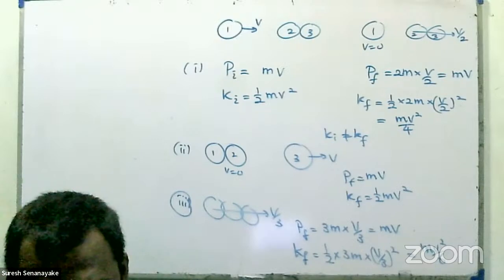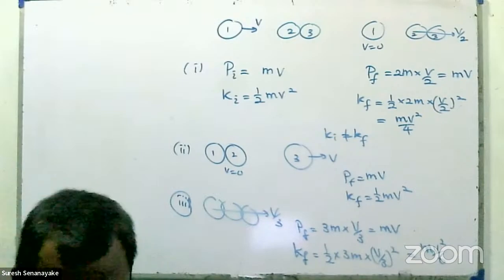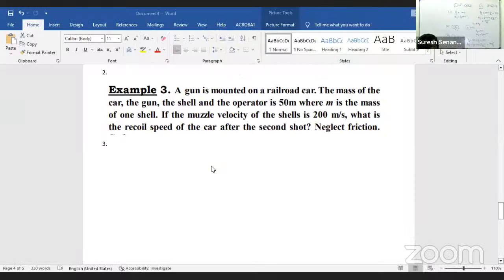Now I will give another question, the third example. You can write it down, and here you can neglect friction. The gun is mounted on a railroad car.